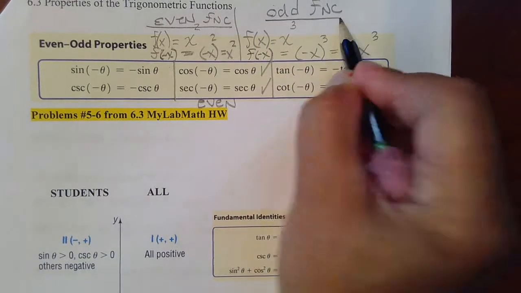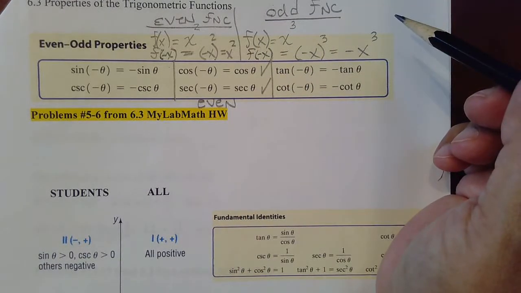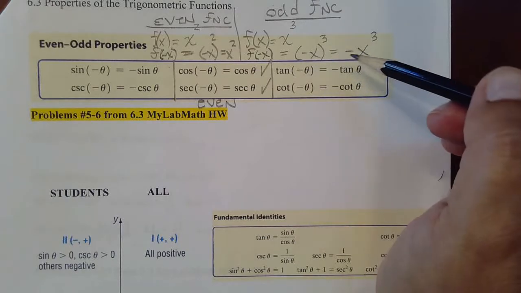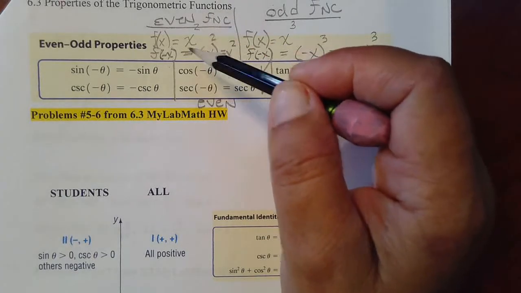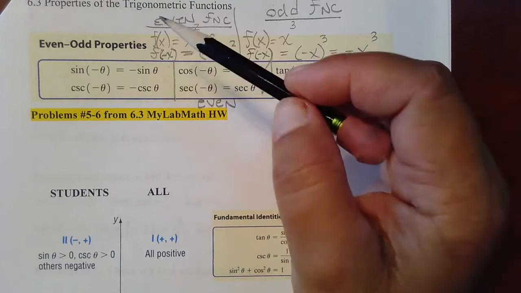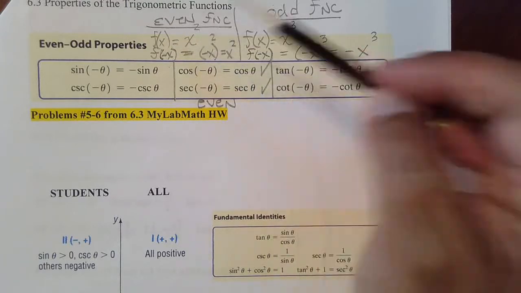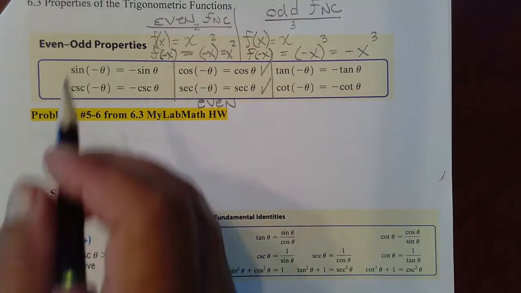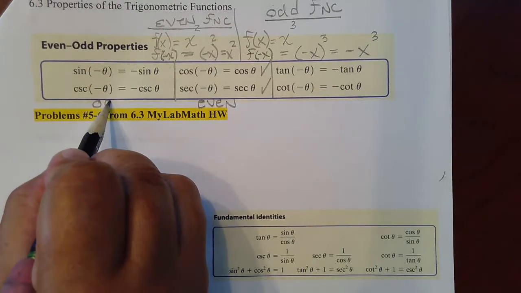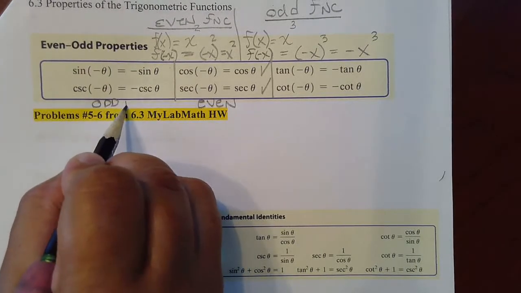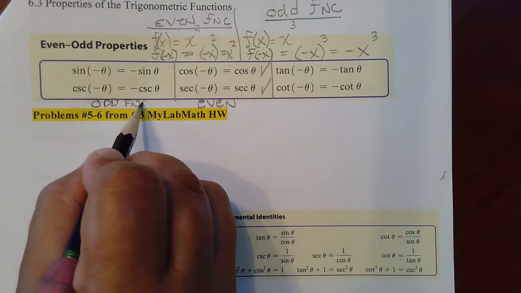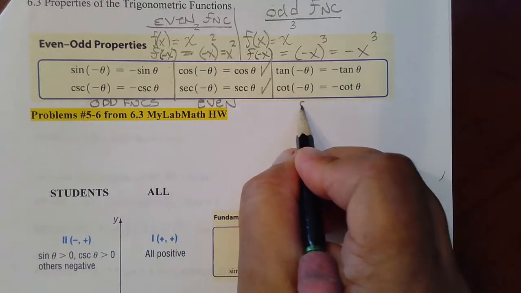So that is the characteristic of an odd function, that a negative impacts it, whereas for an even function, the negative does not impact it. You plug it in, you end up with the same original function. And that is what you're seeing here. These two are odd functions, and these two are odd functions.